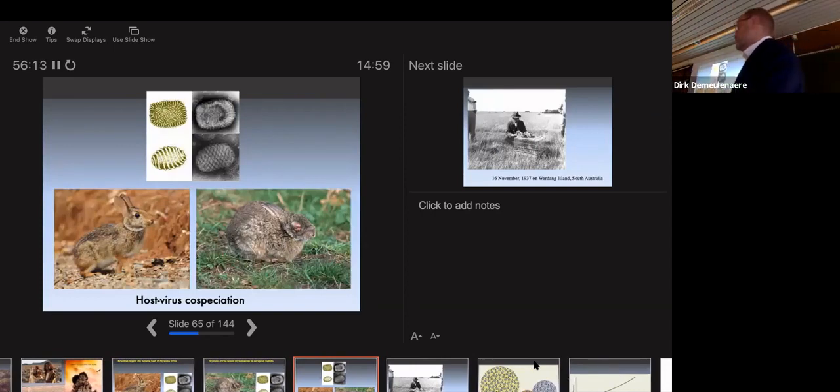You have a virus that is now fully adapted to its natural host, but if this virus makes a host jump into this species, which is not far away from this one, is completely non-adapted and creates this horrible lethal disease. So people thought, let's try to use myxomatosis to kill European rabbits in Australia.